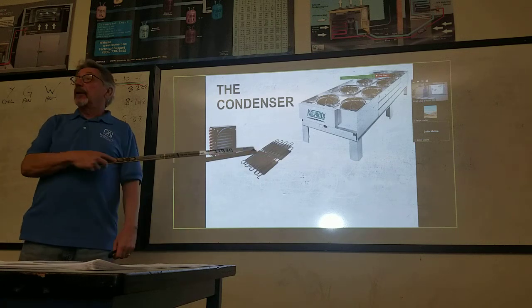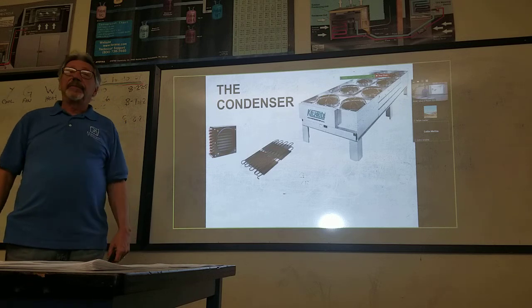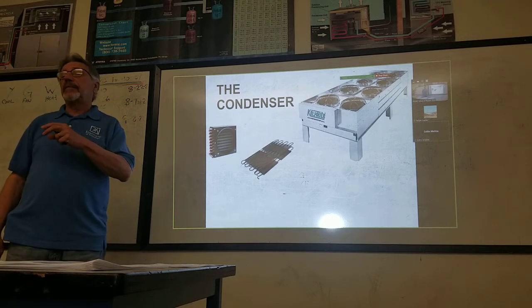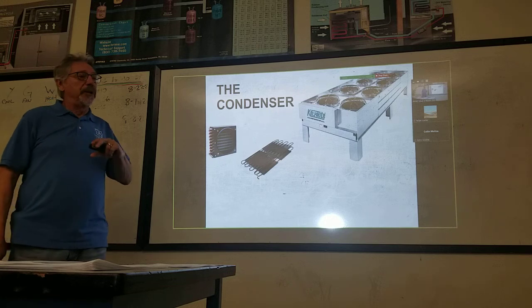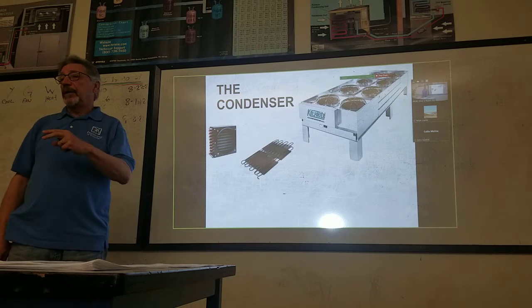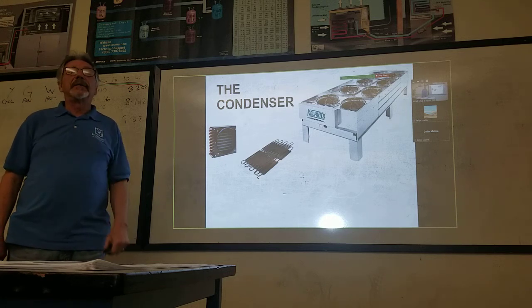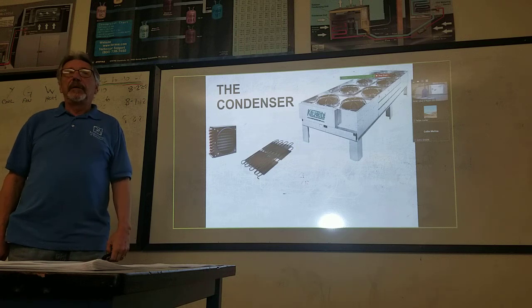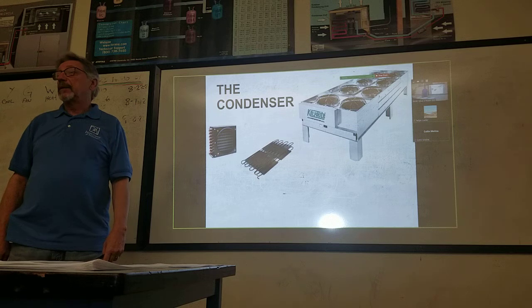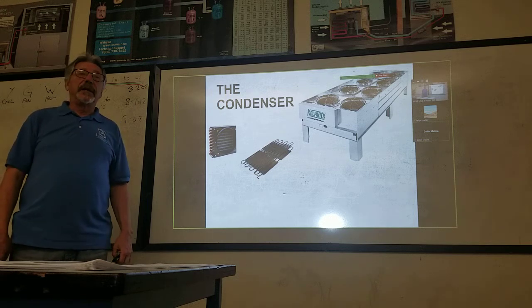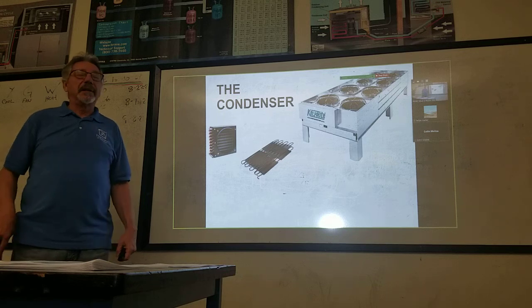In the condenser, it also rejects the heat. Anytime you have a change of state, you give up the heat, it turns from a vapor to a liquid. So it also condenses. That would be another word for the condenser. The refrigerant condenses in the condenser.